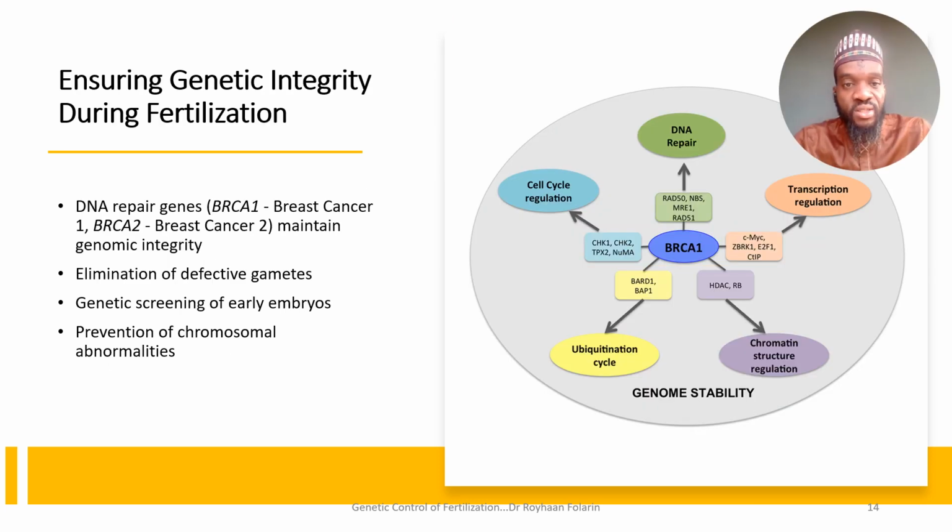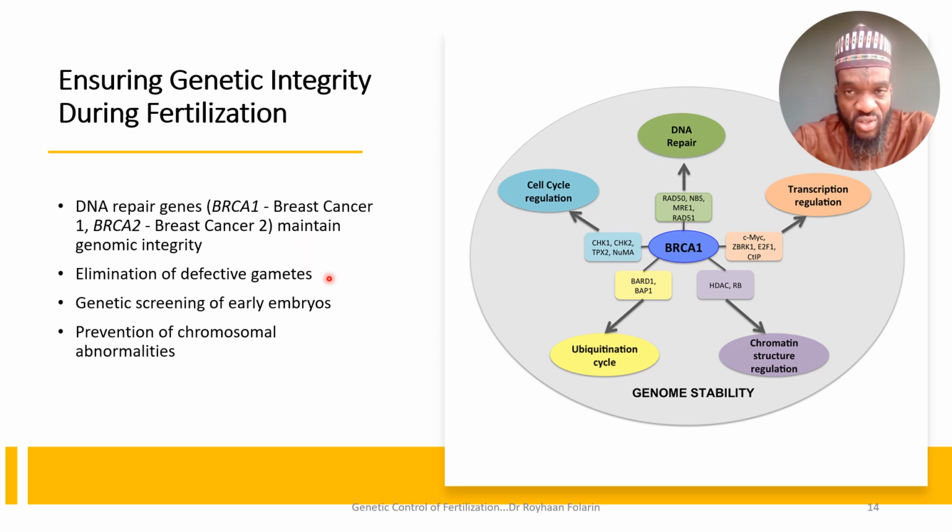Genetic quality control is also critical for successful fertilization, and that's where DNA repair genes like BRCA1, which stands for breast cancer 1, and BRCA2 come in. They help to maintain genomic integrity to ensure stability in the genome while defective gametes get eliminated.